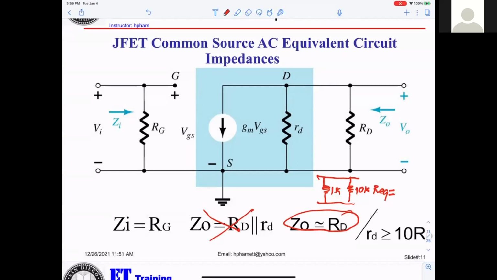If you have 10K in parallel with 1K, a big resistor in parallel with a small resistor would have to be 1K or less. So that means you can get 0.99 whatever, so almost 1K. So that's why they're telling you RD higher than 10 times of small rd, so they ignore small rd.